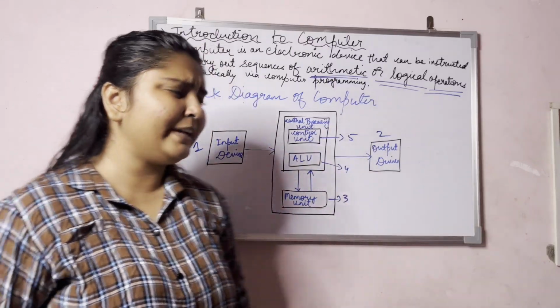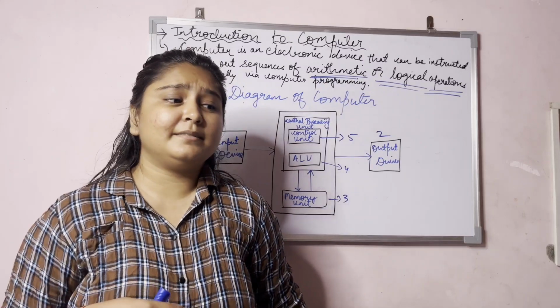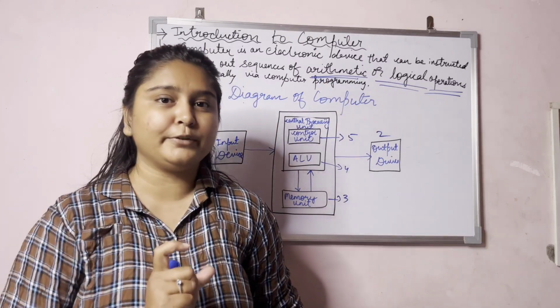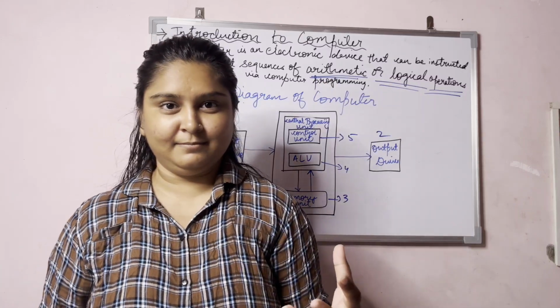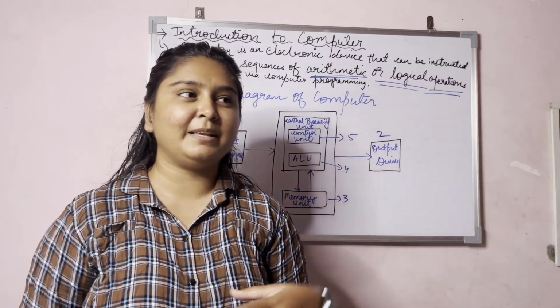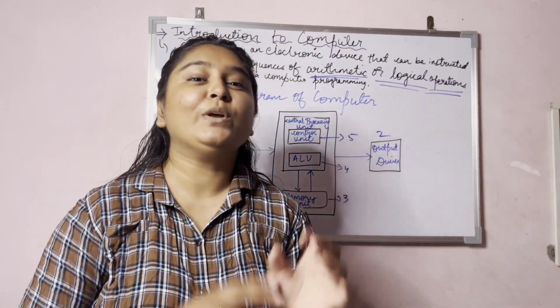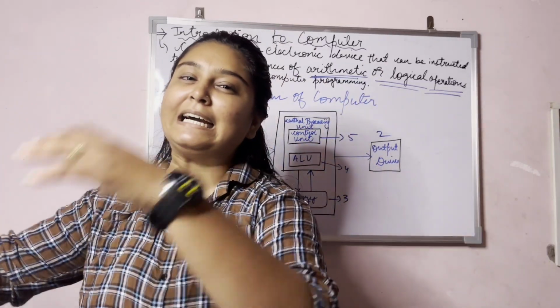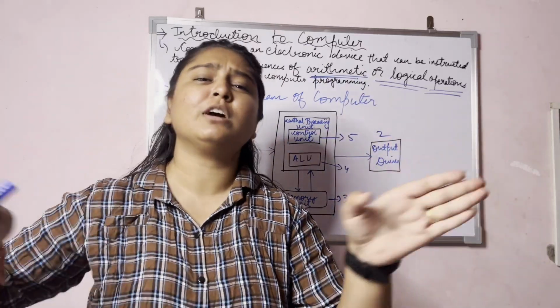So control unit, I personally explain it and give a term to control unit as our fathers. Fathers means the main, like head of the family, which controls all the other, like our siblings, mother and everybody, who controls everything.